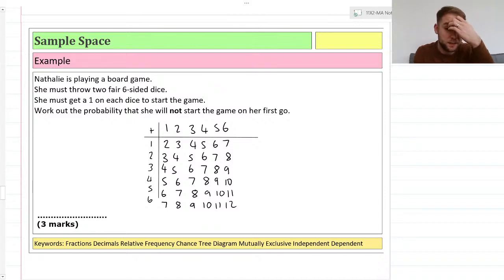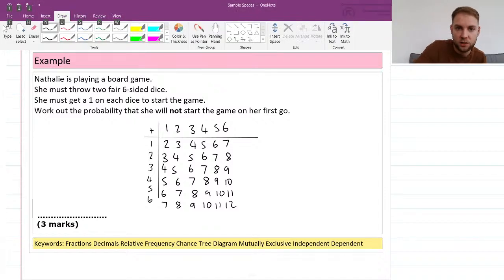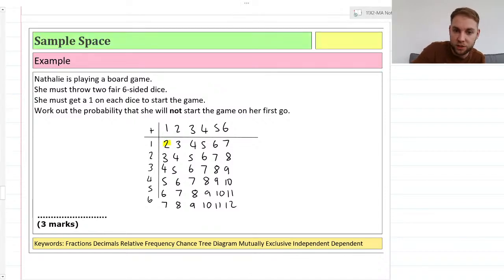So work out the probability she will not start her game on the first go. Well, she needs a 1 and a 1, doesn't she? So she needs 1 and 1, which is 2. So the probability she will not start her game on the first go is all of the rest of these. She must get a 1 on each dice to start the game, yeah?